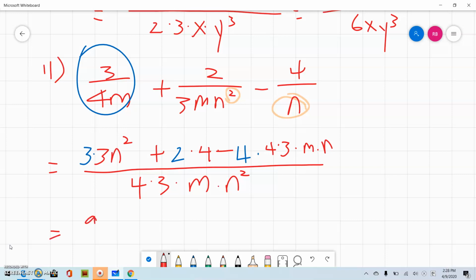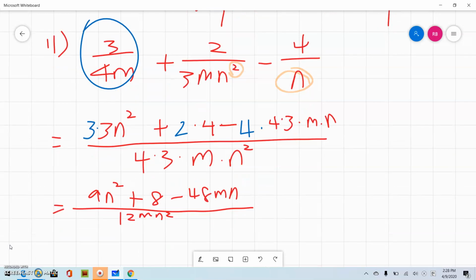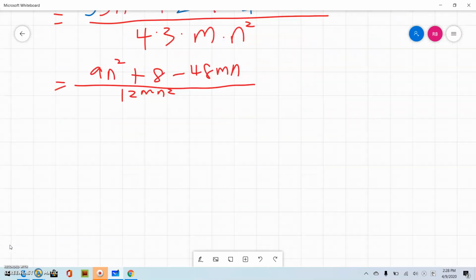So let me simplify this. 9n squared plus 8 minus, this is 12 times 4, 48mn. And then the bottom is 12mn squared, and that is the simplest form of this fraction.